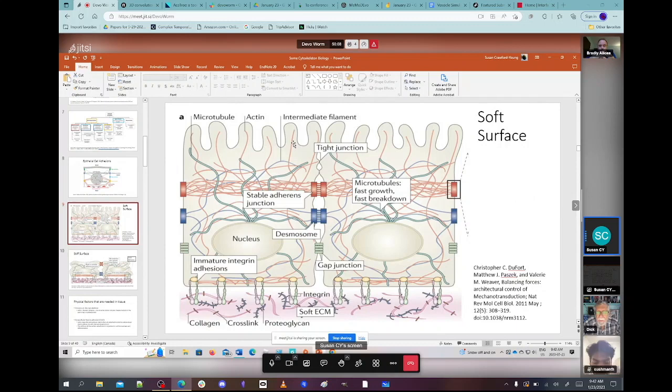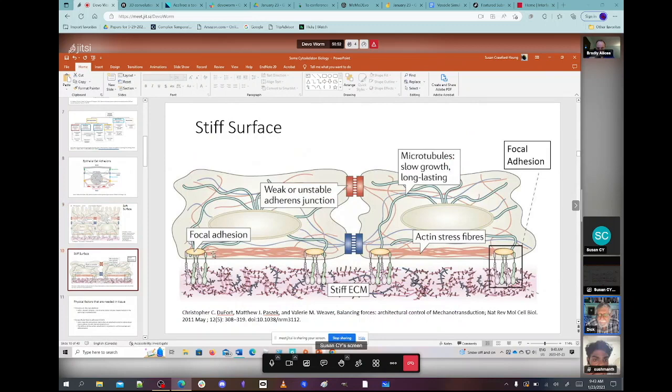Yes, it definitely does. And then they've got one here that's on a stiff surface, and they show the integrins here, twice as many attached to the extracellular matrix along here. And they have the actin fibers, the stiff actin fibers, along the basal part of it. Or the apical side is turned upside down.